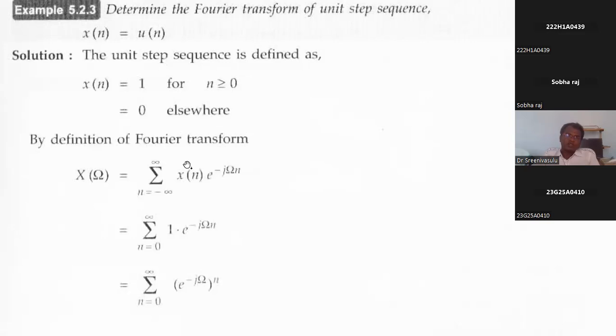So what is x of n? Nothing but u of n. What is u of n? n takes the values from 0 to infinity. So instead of using minus infinity to plus infinity, you can use the limits from 0 to infinity. Within these limits, x of n is 1, and then e power minus j omega n. So 1 is anyway a constant, e power minus j omega whole power n.